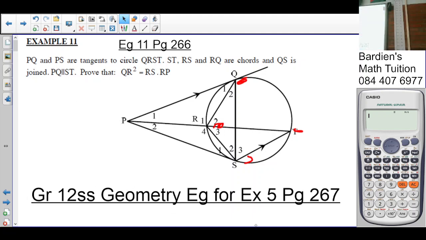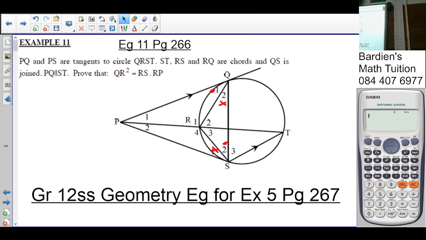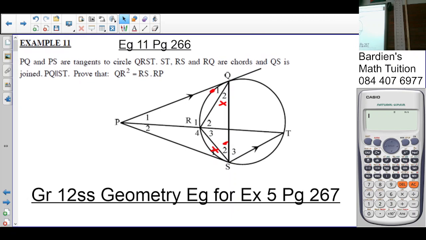Let's hope that did the job. Okay, so if those are tangents to the circle, what do we know? That Q1 is equal to S2, S1 is equal to Q2. What else do we know? PQ is equal to PS.